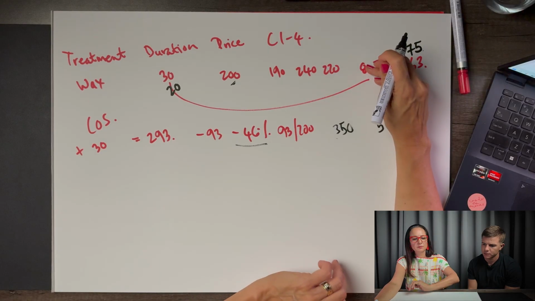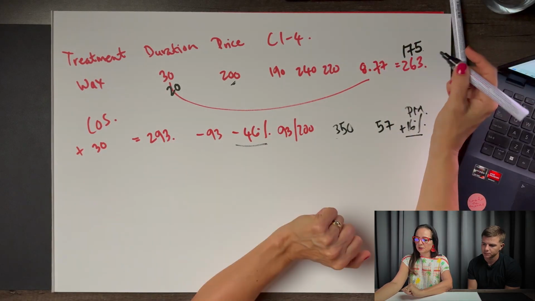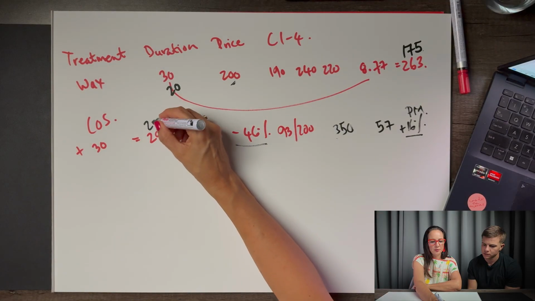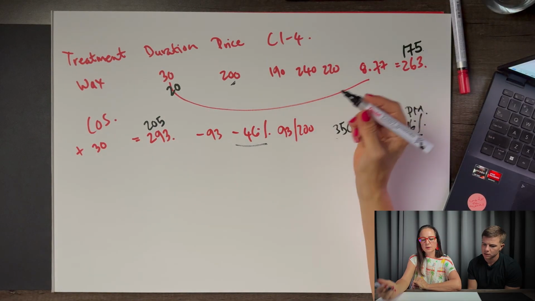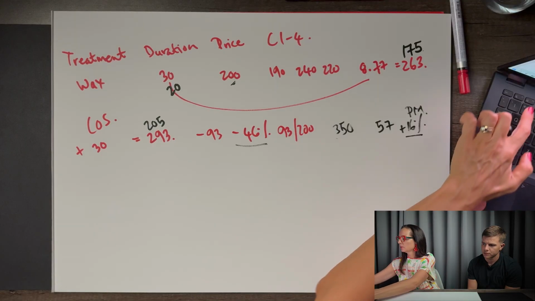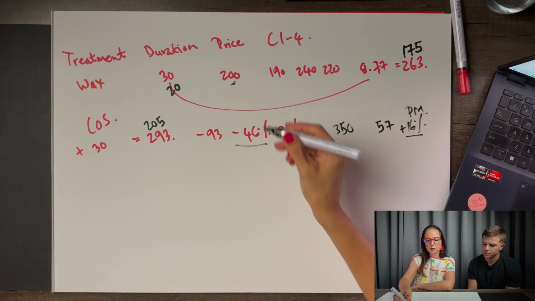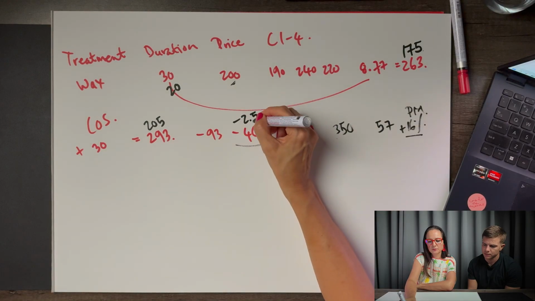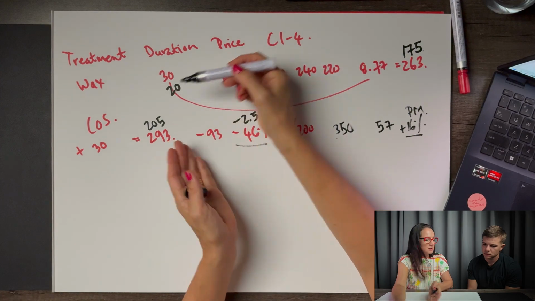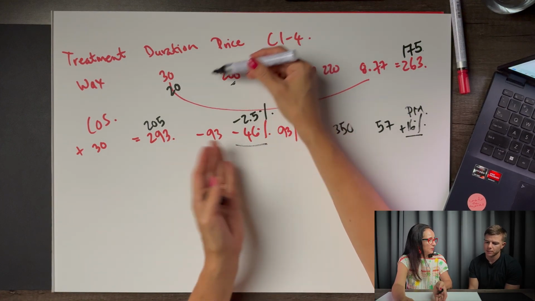Your time multiplied by your duration, which now this changes to 205 Rand. And now suddenly we are only making 5 Rand loss, which is 2.5%. You can do a combo. We can change the time and make this slightly more.